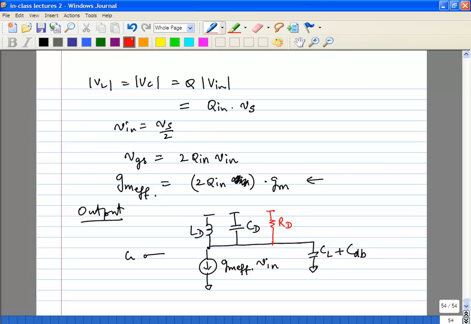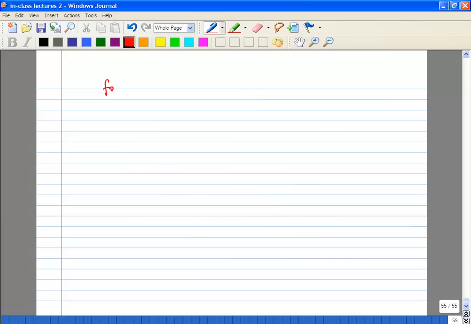This will be a function of the Qs of LD and CD. GDS we are right now neglecting, because these RDs which you will get here will be maybe a couple of 100 ohms or something like that, whereas GDS may be much higher. Okay, and for this network, you can calculate F0.